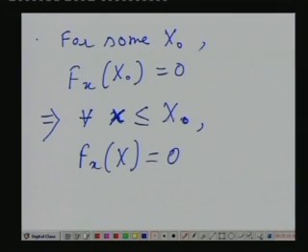Because if you consider any x which is less than x0, if it is equal to x0, this is already given. So if it is less than x0, then you have got this thing.